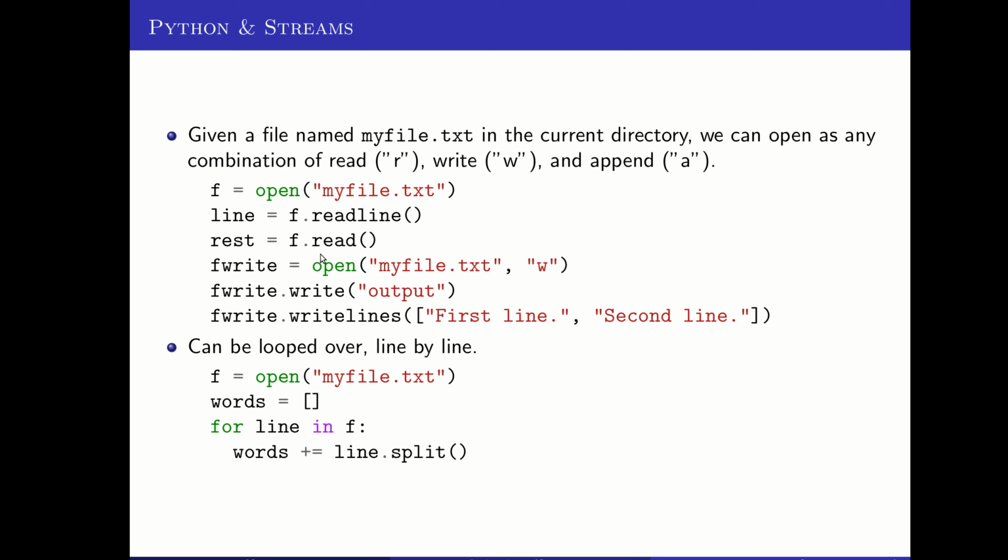Here, we're opening myfile.txt with write access, and we write the word output to it.